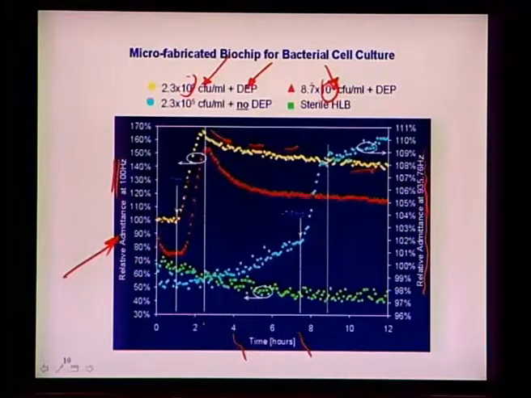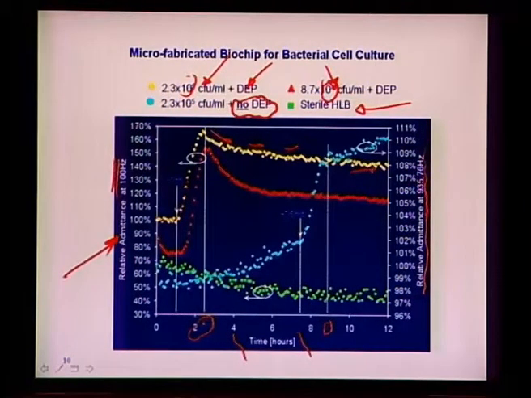In case of no DEP, where hardly any cells are captured, you find that the whole spectrum of the admittance gets changed, and the admittance is high at a much later growth cycle, which is close to 9 hours or so. So, DEP does help in demonstrating a more accurate signal in comparison to the no DEP based studies here, okay.